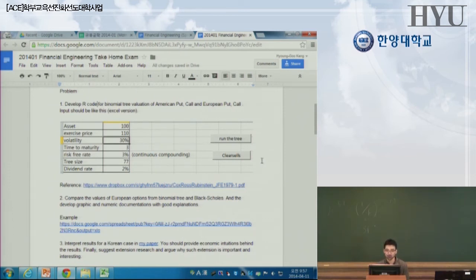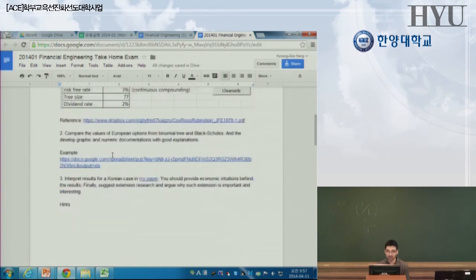Question number 2 is to compare the value of the European option from the binomial tree and Black-Scholes, and develop graphic and numeric documentation with good explanation. You have to check that the option value from the binomial tree converges to the Black-Scholes model when the tree size is large.